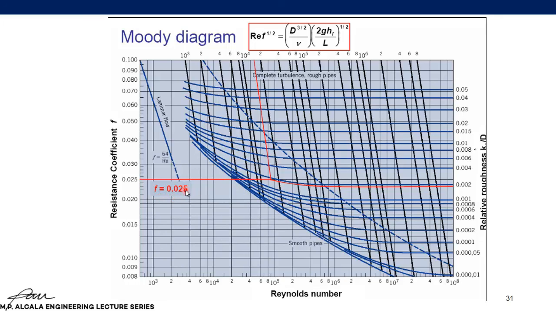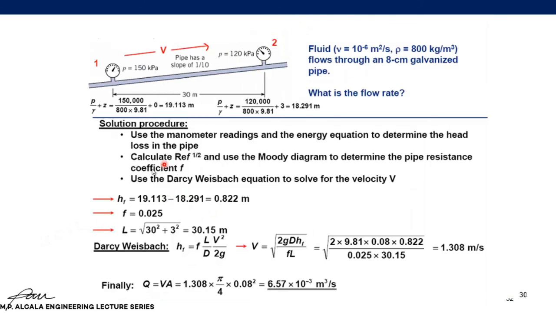Okay? So, substituting this, we will get, by the way, class, you need to identify also the length. The equivalent length is simply the hypotenuse of the right triangle, 30 meters and the height of 3 meters. So, 30.15. From the given 3 terms, we have solved 0.822 from the Bernoulli equation as the head loss, 0.025 the friction factor identified from the Moody diagram, and the length by simply doing the Pythagorean theorem.